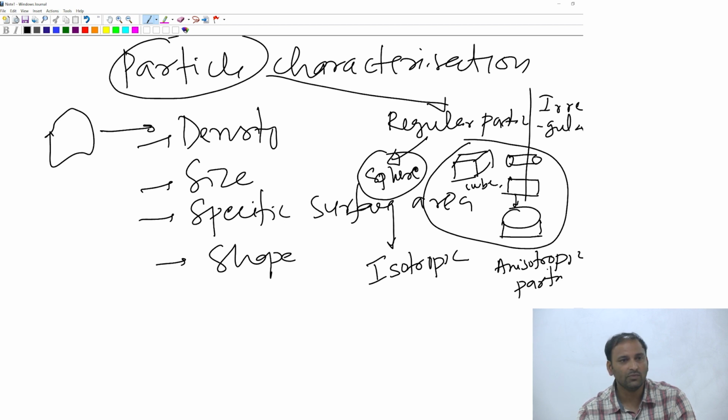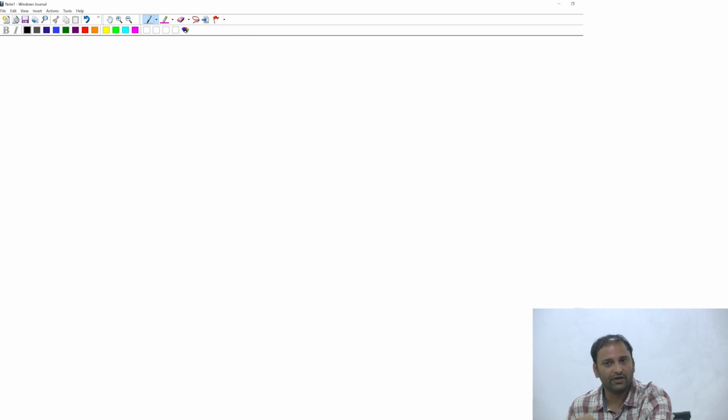Because if you take a sphere, no matter from which side I look, it will look exactly similar. Whereas cylinders, disc-like particles, ellipsoids and so on don't look the same from different directions. So you can think about regular particles being spherical and non-spherical.